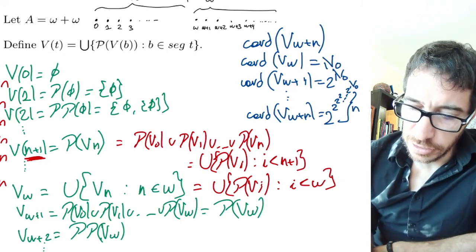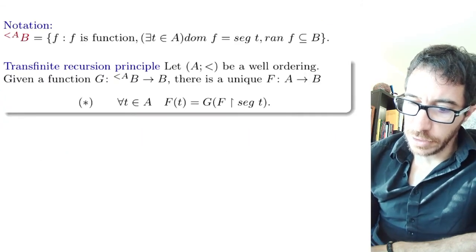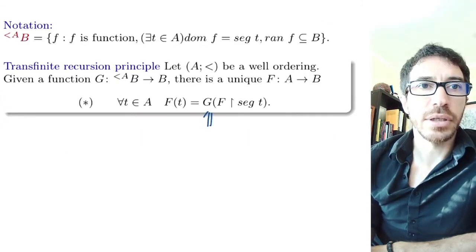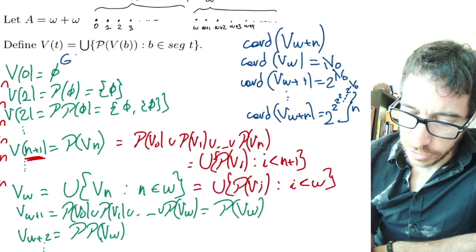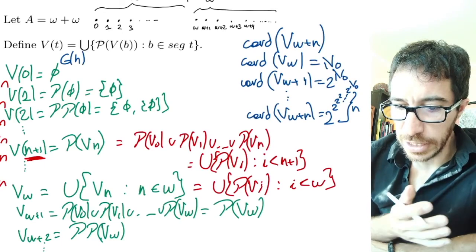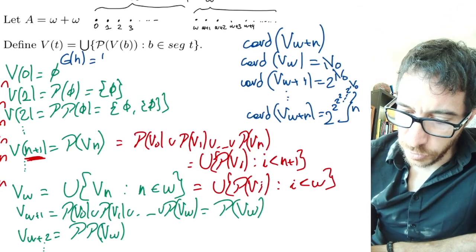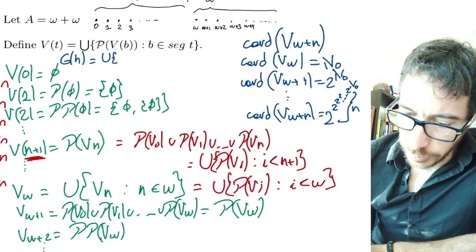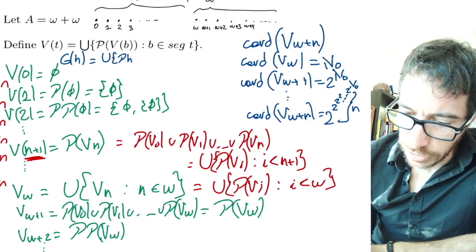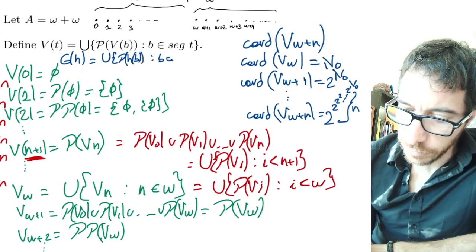So here, the function g that we need, what is it? G of a function h, where h is the restriction of V up to the segment of t, is equal to the union of the power set of h of b, for b in the domain of h.